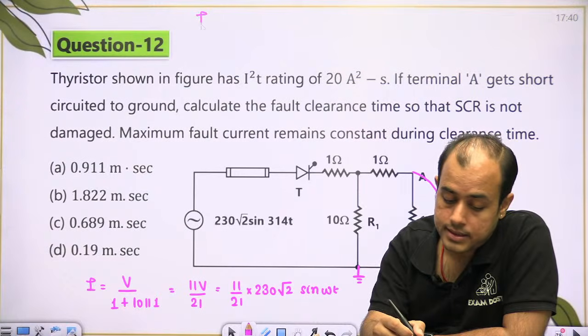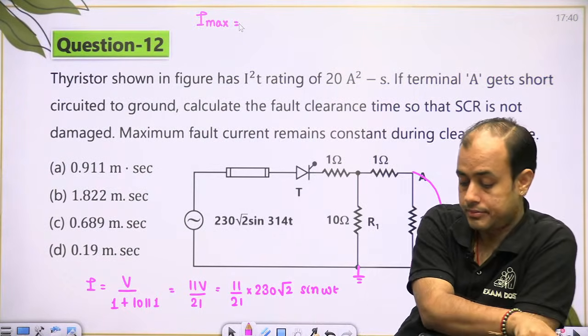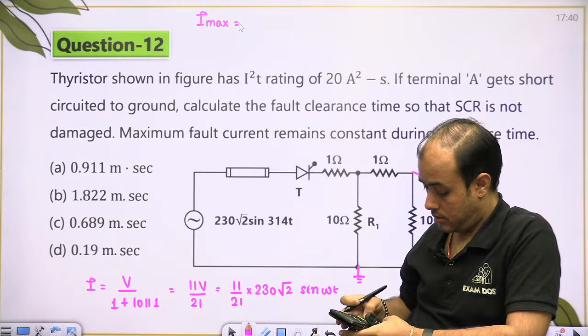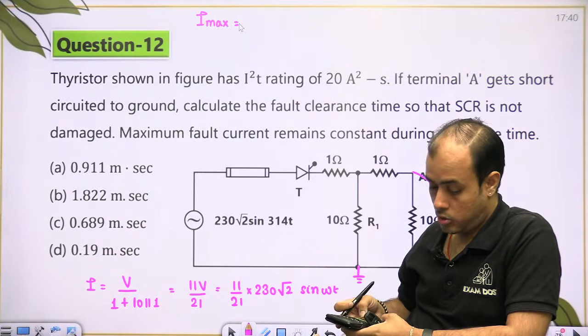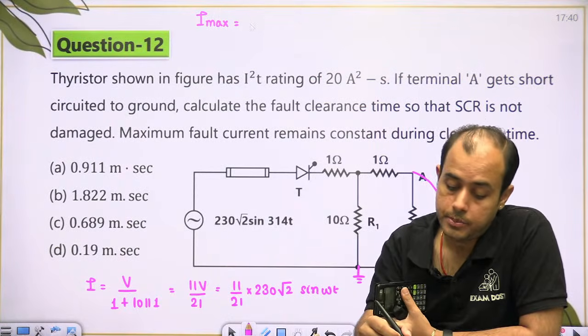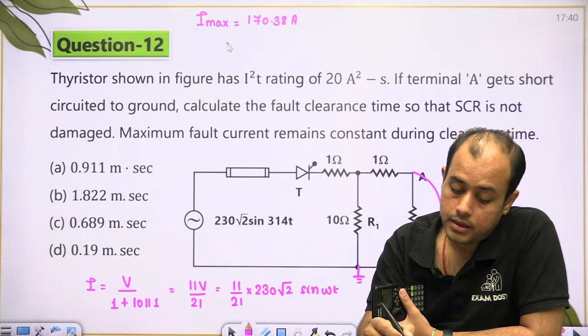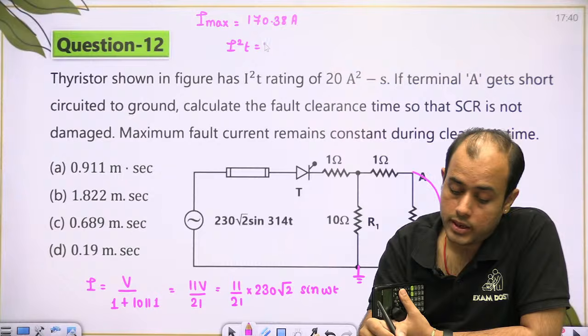So what is the maximum current beta? Maximum 230 into root 2 into 11 by 21, 170.38. Now I square t is 20.